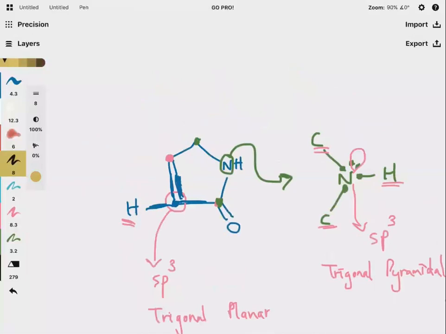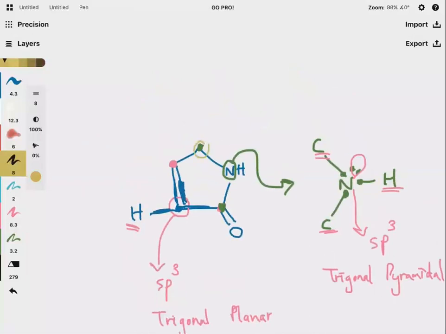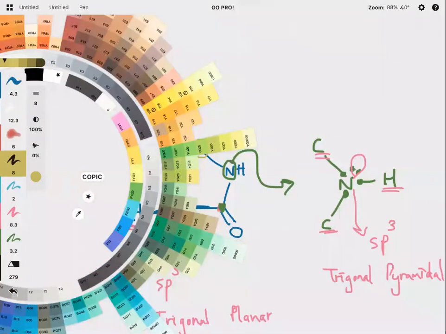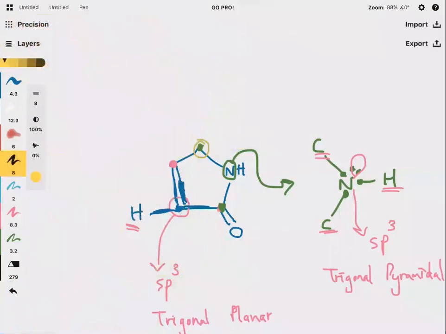How about this carbon right here? What is its hybridization? Well, I hope you were able to see that it is bonded to this carbon here, this nitrogen here, and it has 2 other hydrogens that we don't show in the line bond structure.